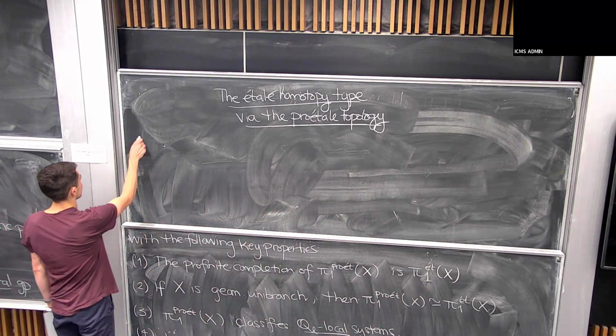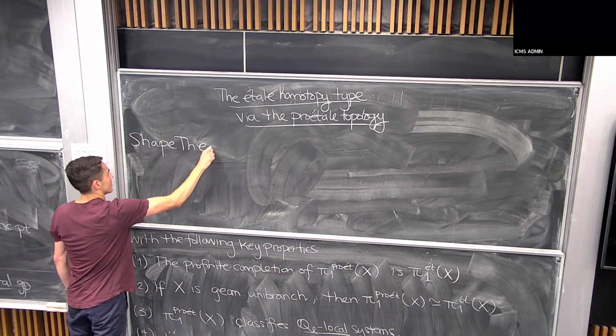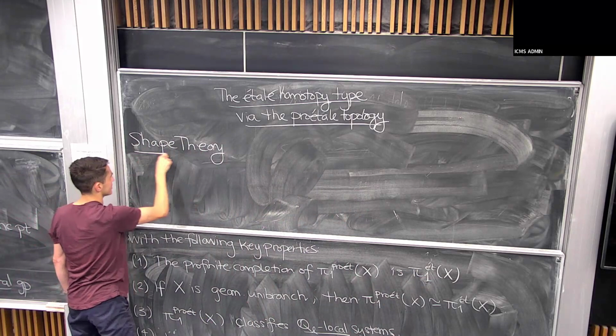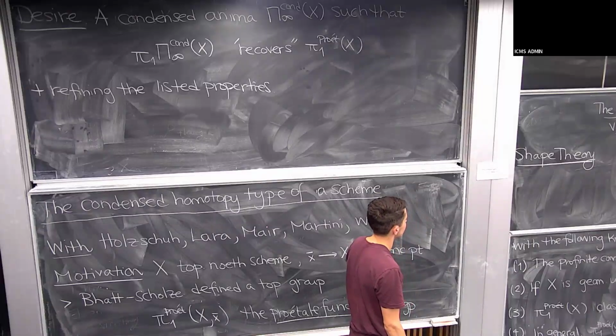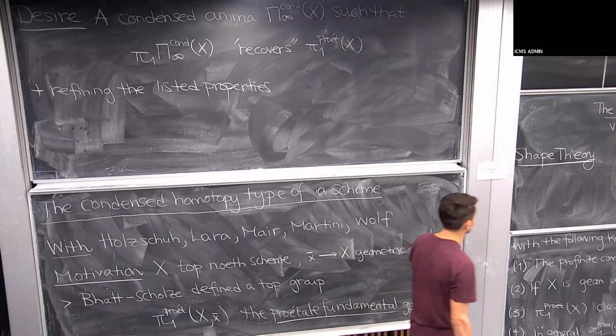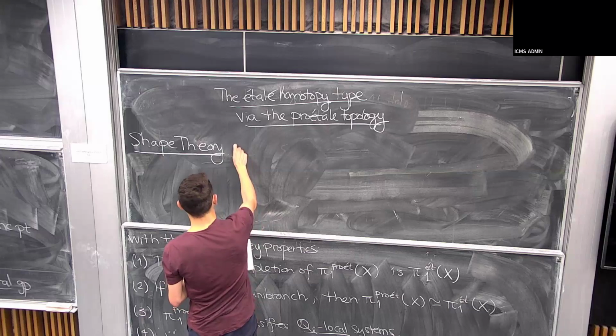And this goes by the name of shape theory. The reason for this is that it refines something called shape theory that was originally developed by Borsuk and Ulam, I think, and has been extensively studied in Poland. But now you can just do this with sheaf theory.